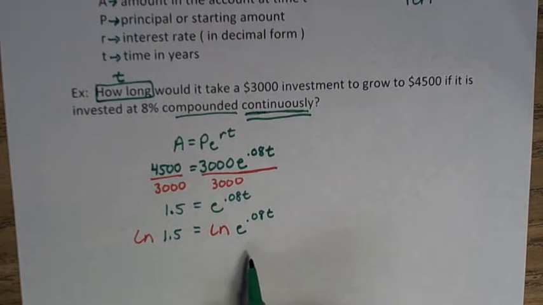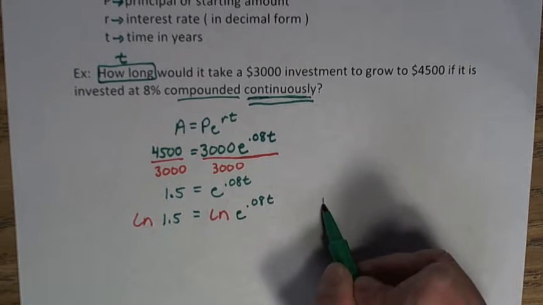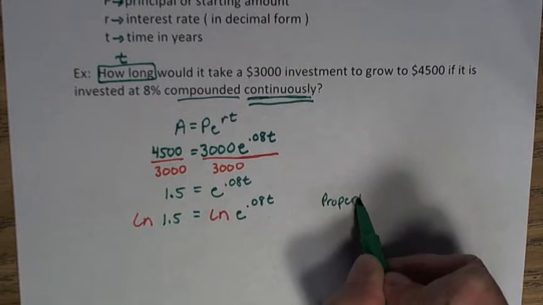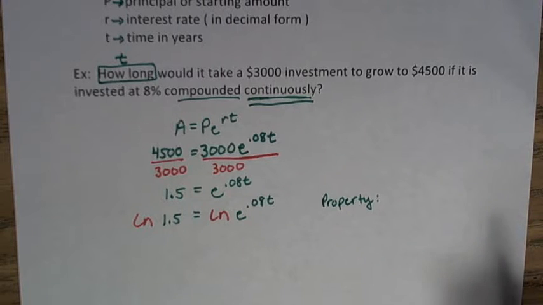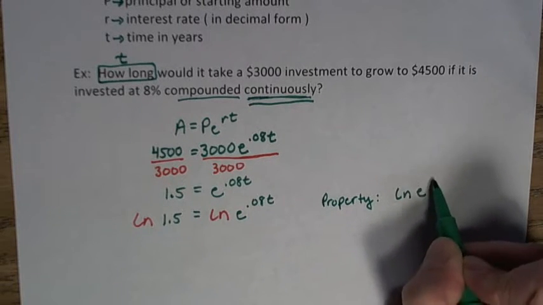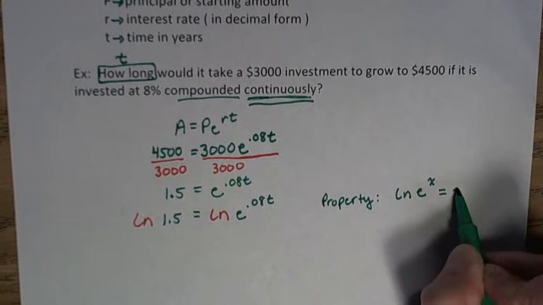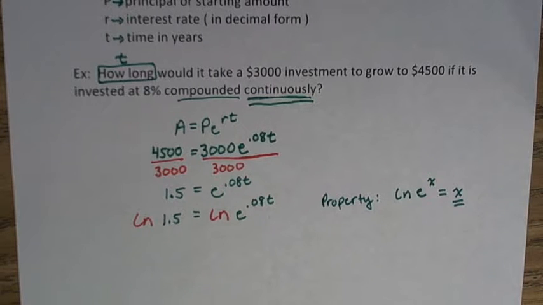This allows me to shortcut the problem a little bit because you might recall our little property that we looked at earlier in the chapter that says if you have the natural log of e raised to some exponent, it's always going to equal that exponent.